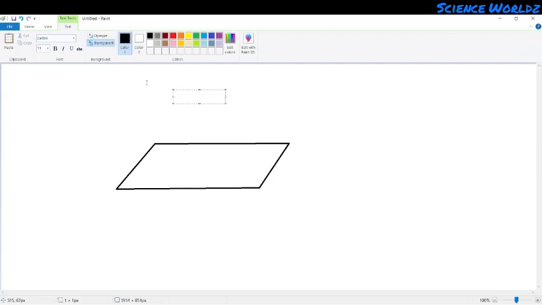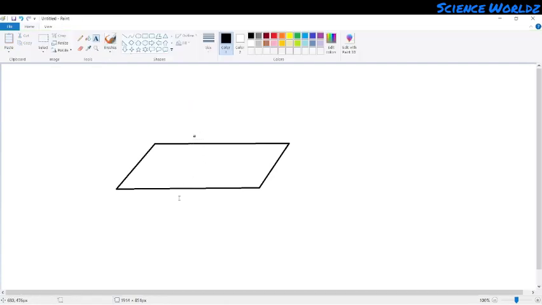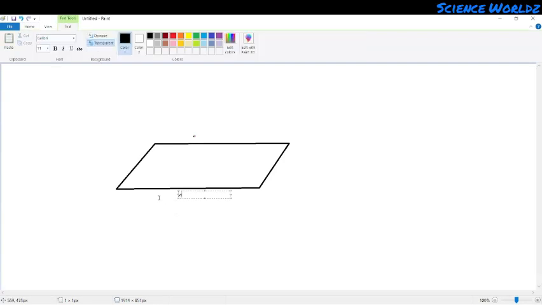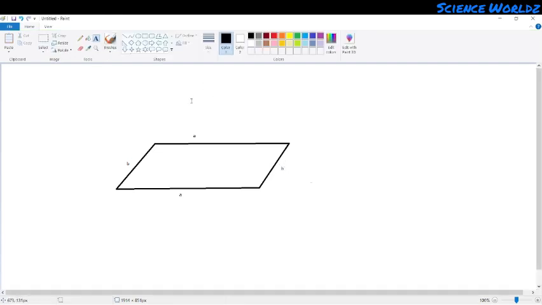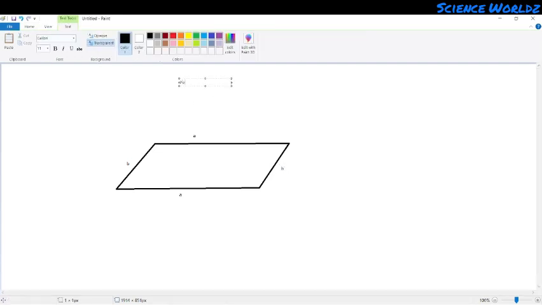In this case the sides are A and the parallel side will also be the same length A. This is B and this is also B. So in this case the perimeter would be A plus B plus A plus B.